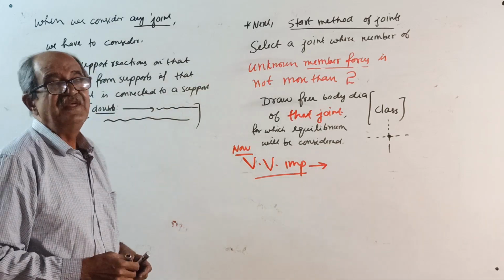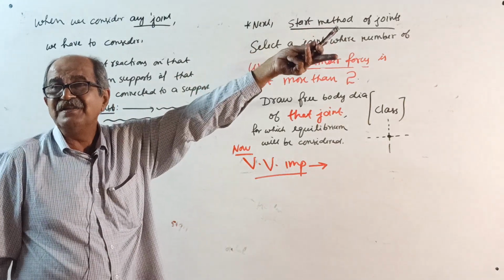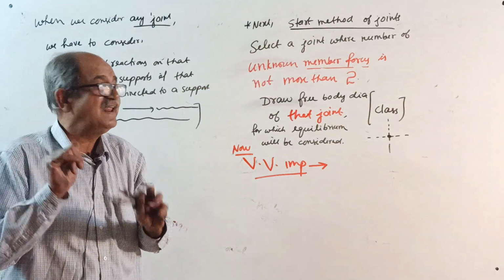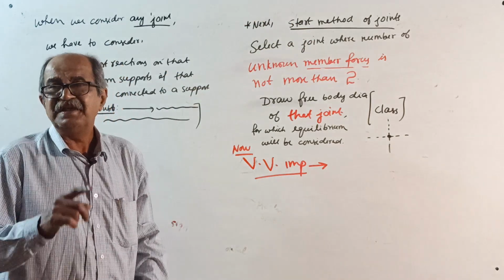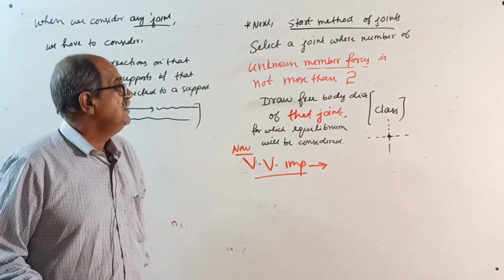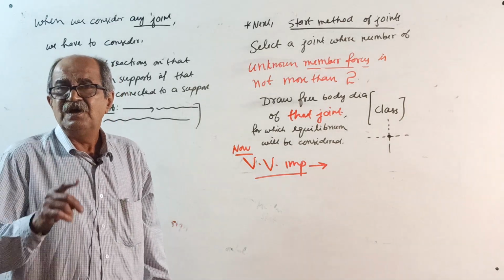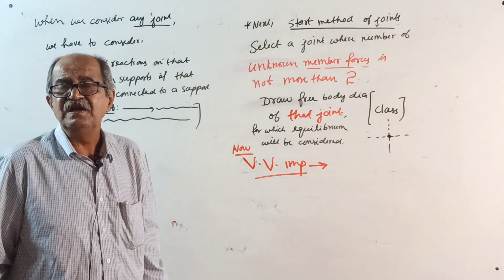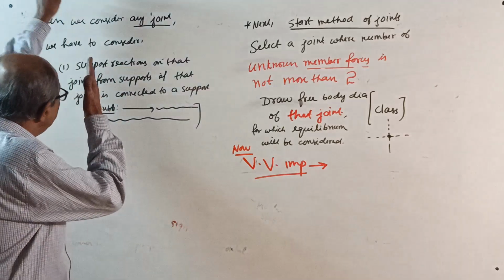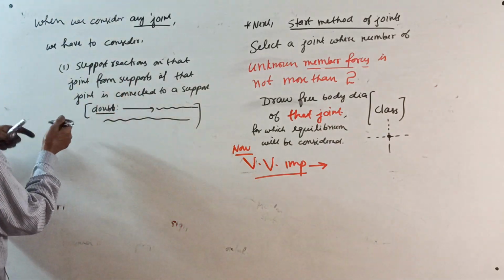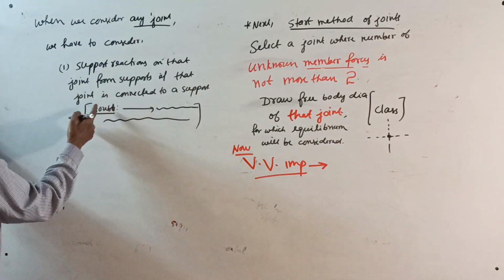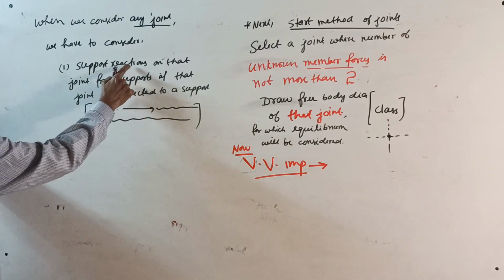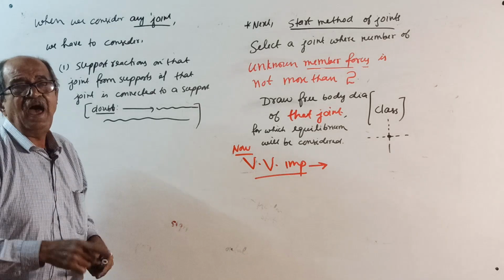Other joints are there, don't worry, a solution is there. If support reactions are calculated, you consider the joint. Remember, when you consider support reaction, consider it in the actual direction.